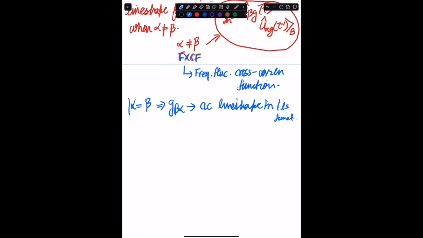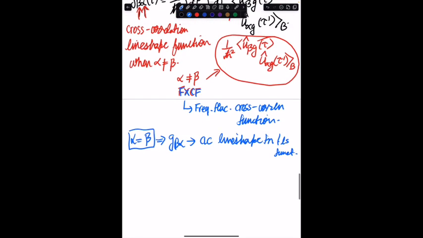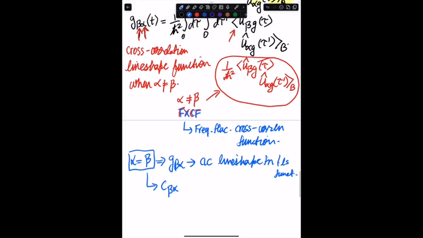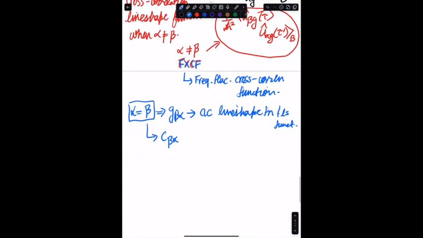And when alpha is equal to beta, this C beta alpha, which we introduced above, which is just 1 upon h bar square, as I've written above, you had b g tau, you had alpha g tau prime. The C beta alpha is known as your FFCF, frequency fluctuation correlation function.